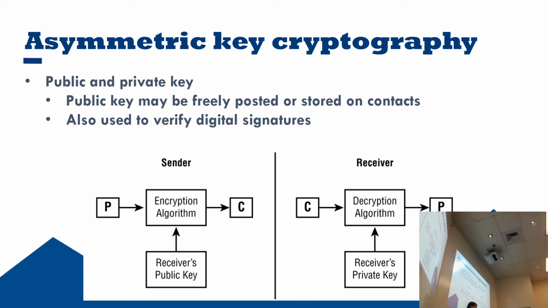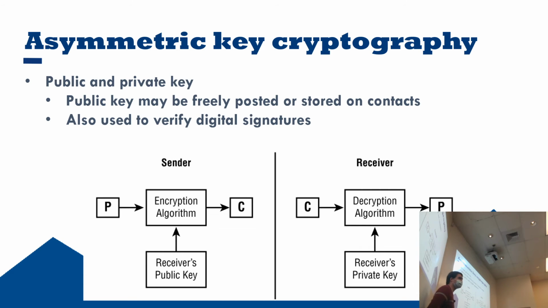So asymmetric, of course, you have a public key that is used to encrypt, and you have a private key that is used to decrypt. Ceteris paribus, this is a slower approach. It's also a more complicated approach, but it has a lot of advantages. Okay, so there's a lot of people, particularly security research practitioners, who will post their PGP key.